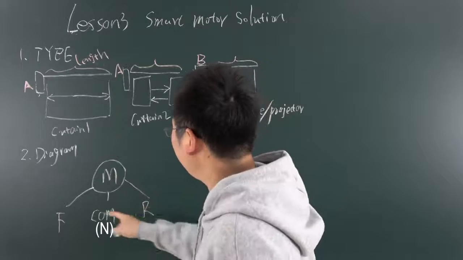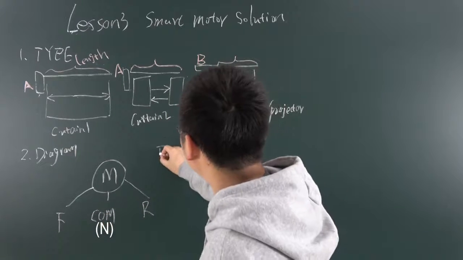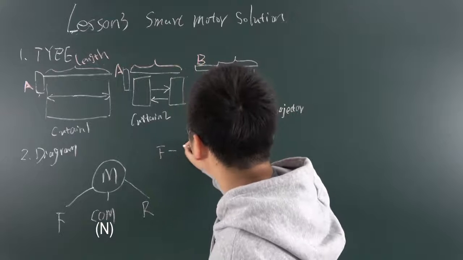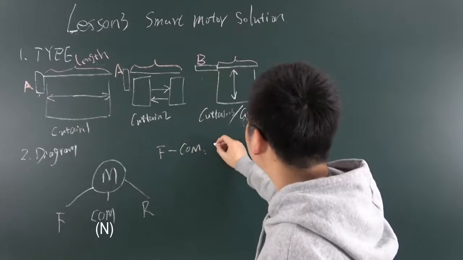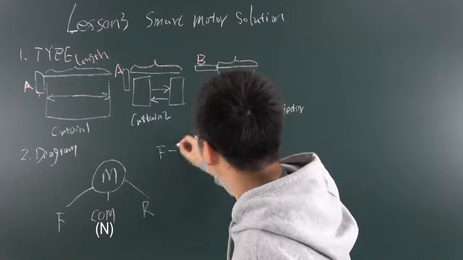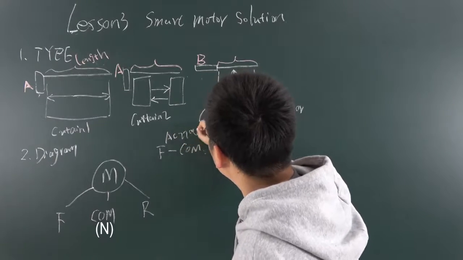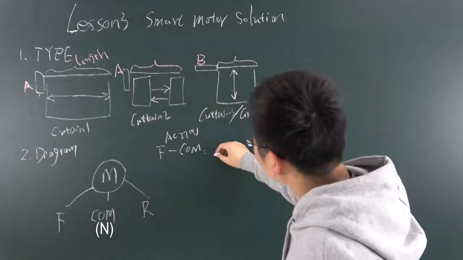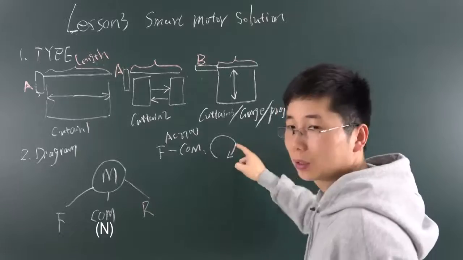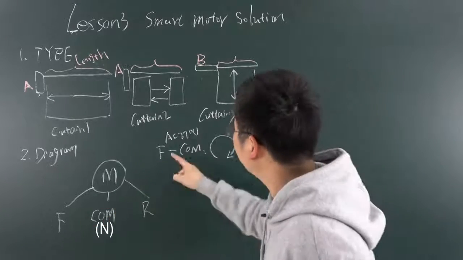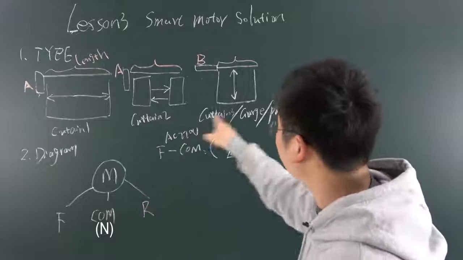So we can give power to these 2 lines. If we give F and COM AC 220 voltage, the motor will run in this direction. If we give the power to 2 lines, the motor will run in this direction.